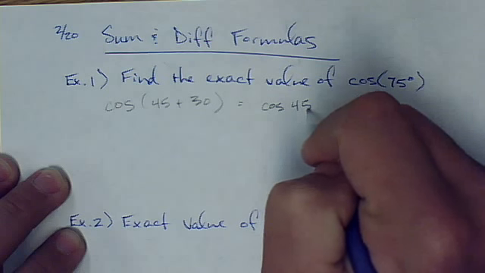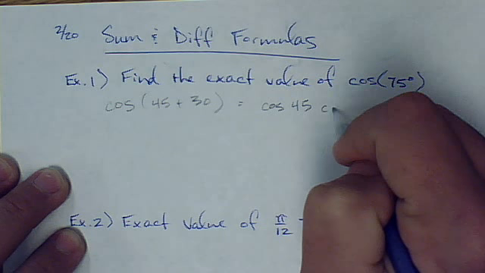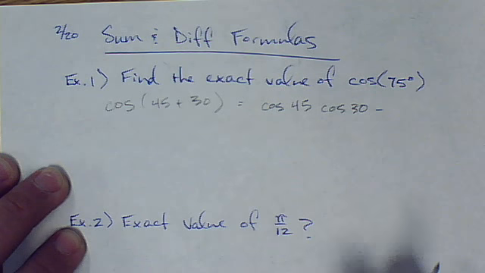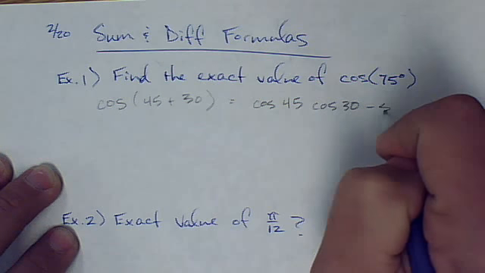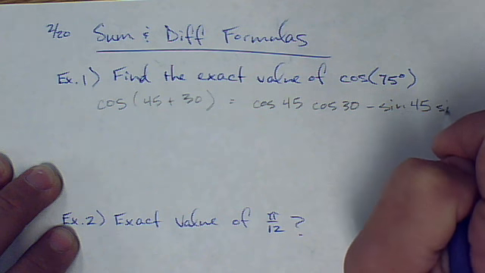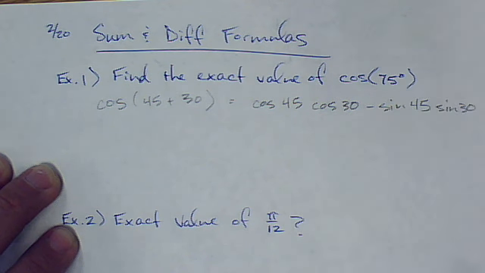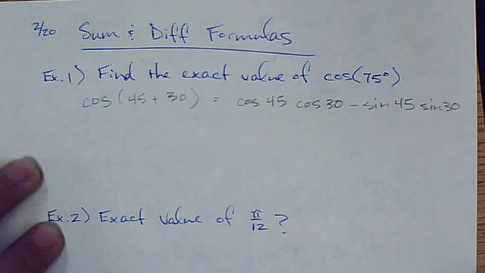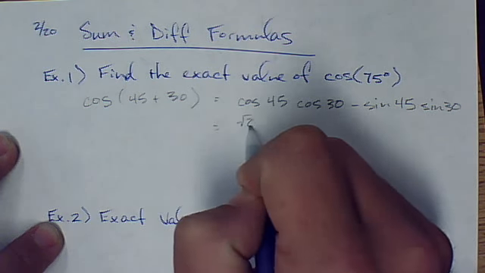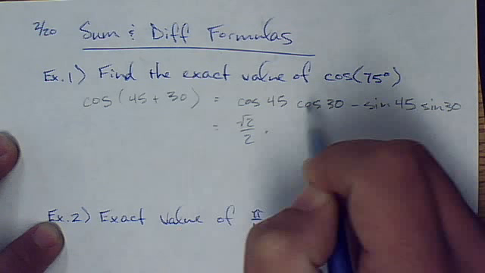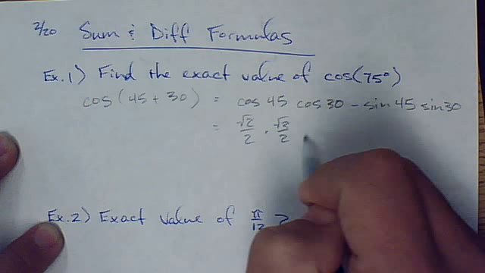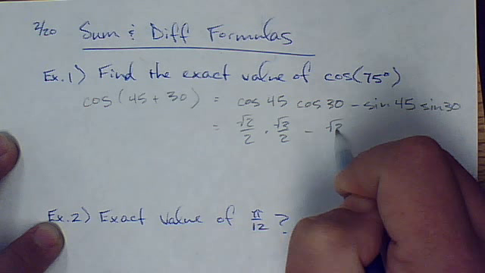So cosine 45 times cosine 30. Because it's cosine, we need to subtract there, and we can say sine 45 sine 30. And so that would equal square root of 2 over 2 times square root of 3 over 2 minus square root of 2 over 2.